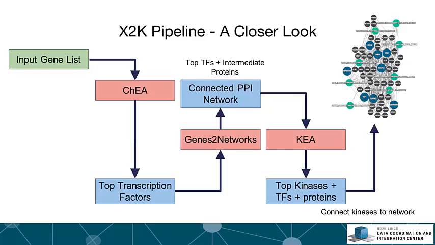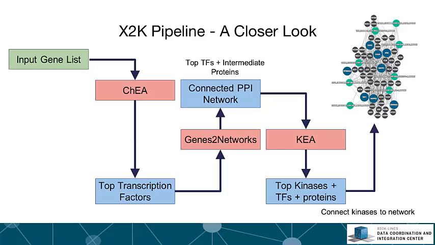Next, once you have that network, that will get put into KEA, which will seek to find related kinases. And finally, you'll end up with an output that looks something like this, where you can see that in blue you have your kinases, in green you're going to have your transcription factors, and in gray the other proteins. And ideally this should help give you an idea of what the upstream regulatory network is like in all of its different components.